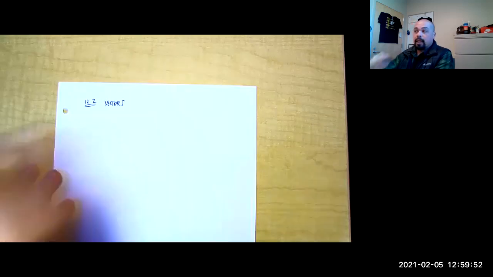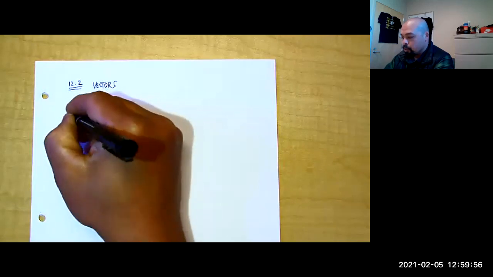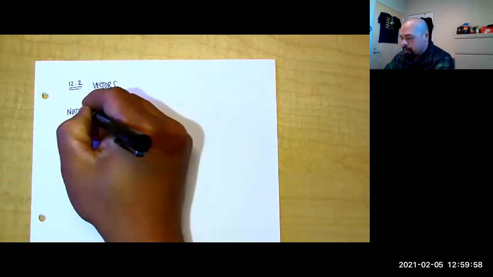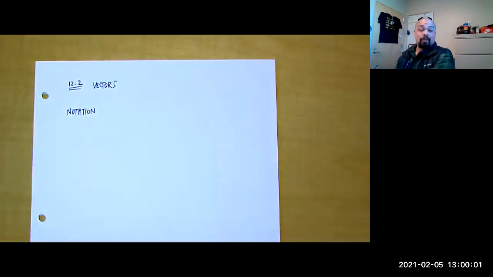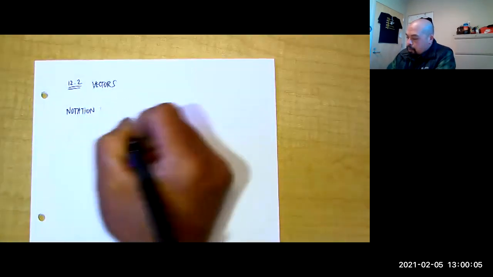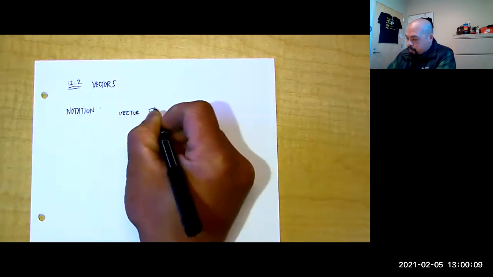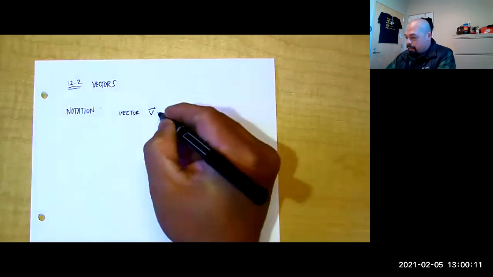Introduction to vectors, coming back into it. Again, for some notation and discussion here, which we've been practicing with hopefully already, we have our vector. We can call it, say, v with a little arrow above it.